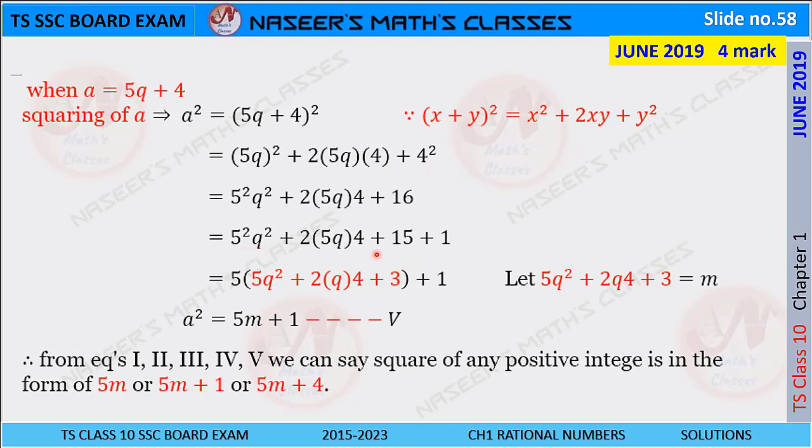So in these three terms we take out 5 common, then we can write it as 5 times (5q square plus 2q times 4 plus 3) plus 1. Let 5q square plus 2q times 4 plus 3 be equal to m. Then we can write a square is equal to 5m plus 1. Let this one be equation 5. From equations 1, 2, 3, 4, 5, we can say the square of any positive integer is in the form of 5m, or 5m plus 1, or 5m plus 4.